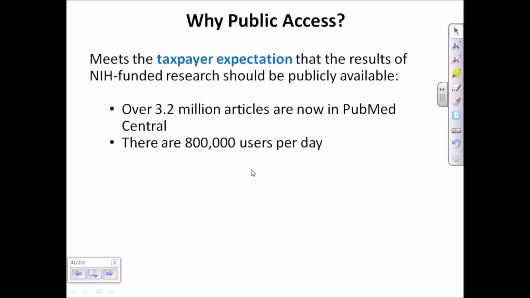And there are about 800,000 individual users who log into the system every single day to search for issues related to science and biomedicine that are relevant to their lives, specifically to their health. And these users download approximately 1.5 million articles every day. So that gives you an idea of the demand that's out there. And it's very practical. It's very real.